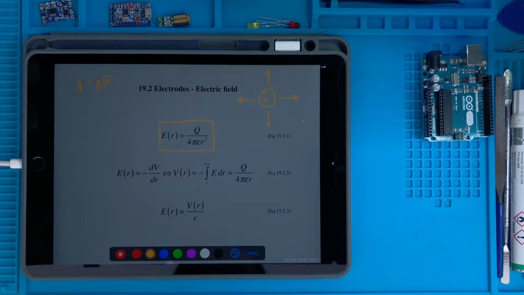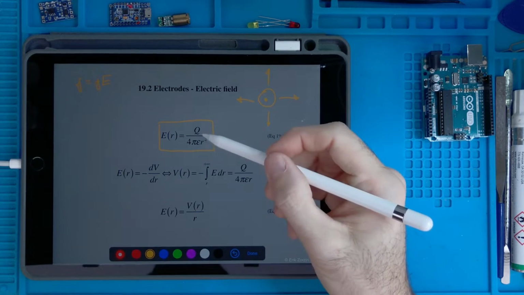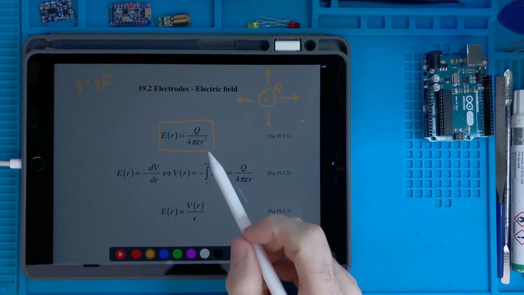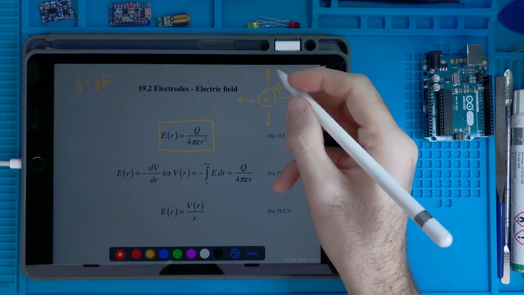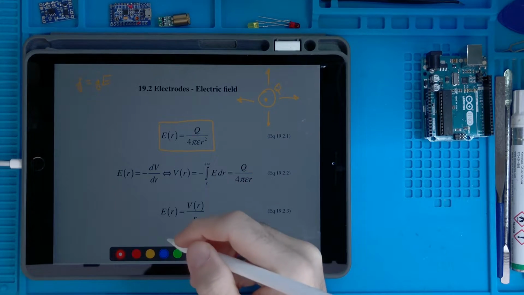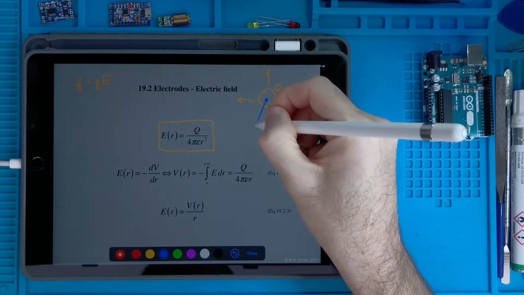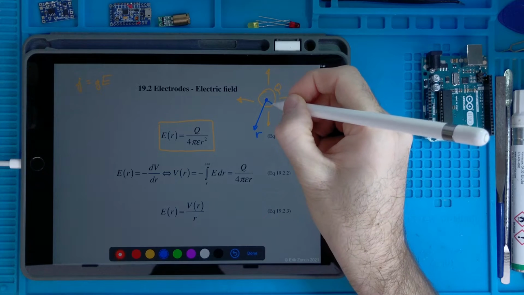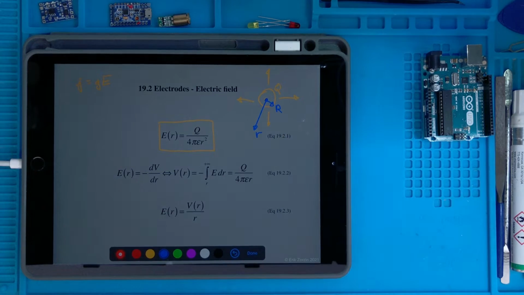It's the Coulomb law, one fundamental law of electromagnetism that can be verified. So Q is the charge on this sphere, small r is the distance from the center of the sphere, the big R is the radius.